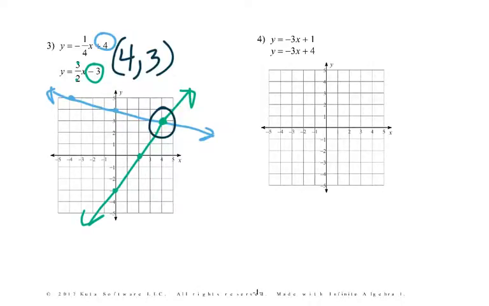That's the point. Number 4, positive 1 here, slope of negative 3, so down 3 to the right 1, or up 3 to the left 1. Second one, positive 4 for our y-intercept, slope negative 3 over 1, so down 3 to the right 1.